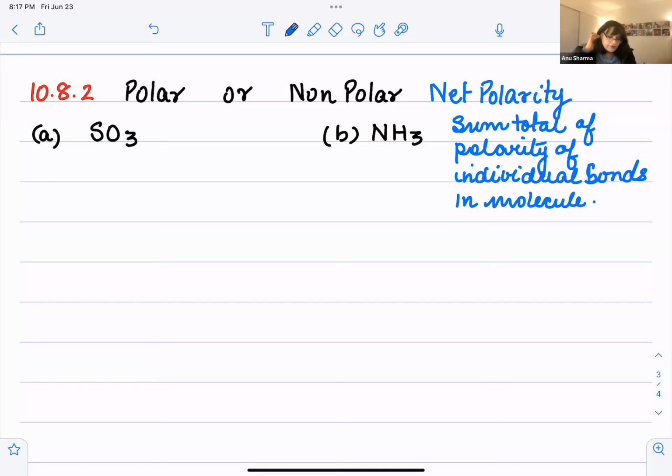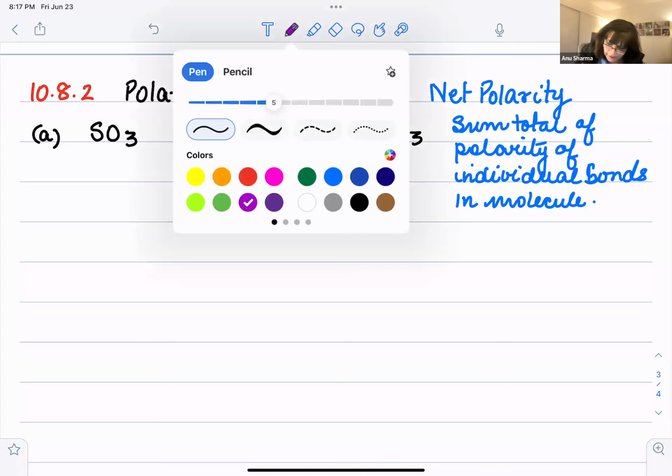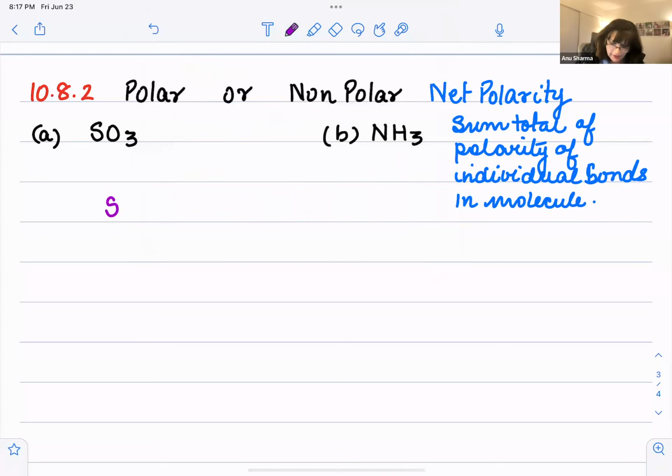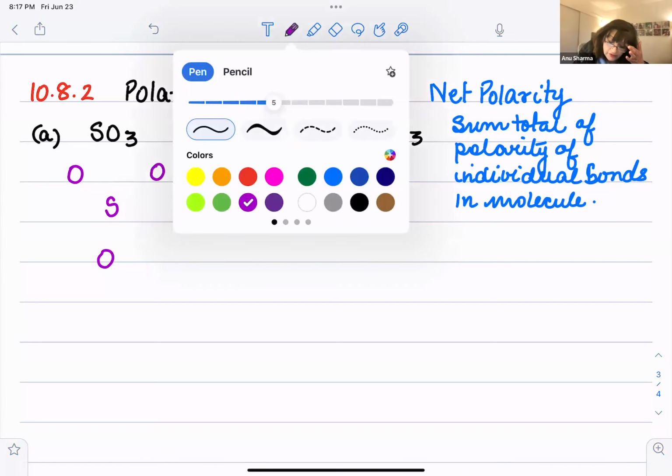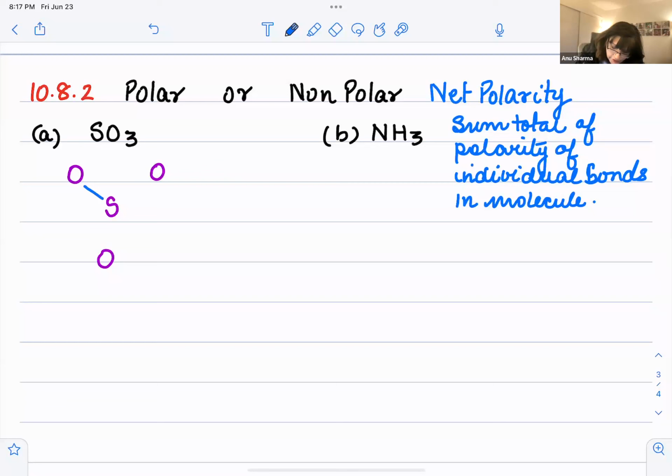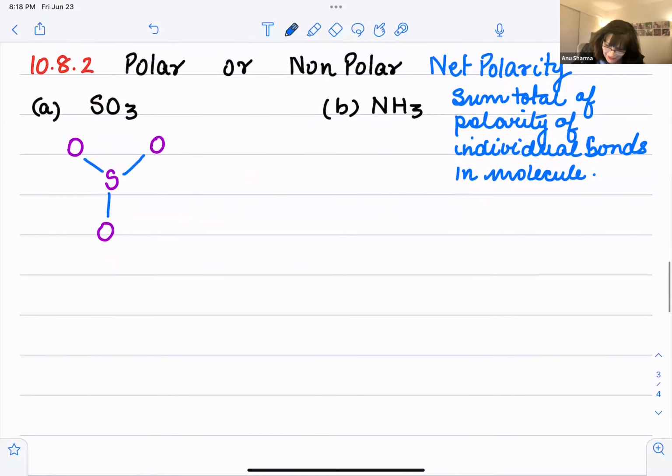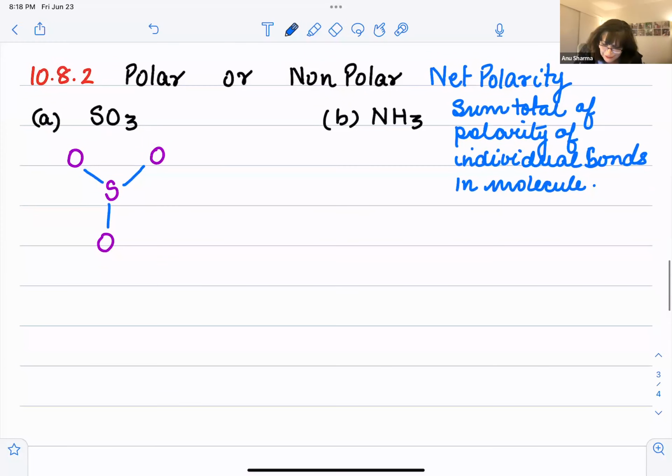In this case, we are going to take sulfur and 3 oxygens. You cannot answer these questions unless you draw the Lewis structures, so let's do this.